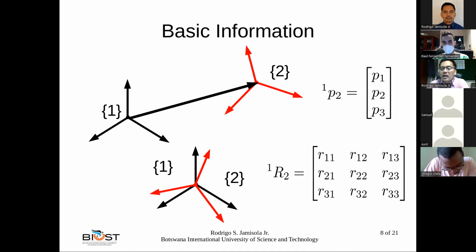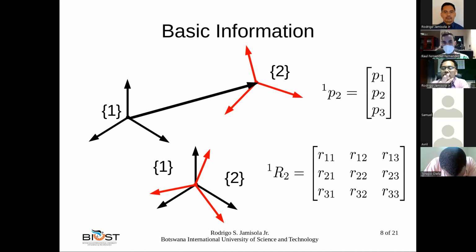Those two things are moving independent of each other. We can choose to consider only position at one point in time, and then we can again consider orientation at another point in time.